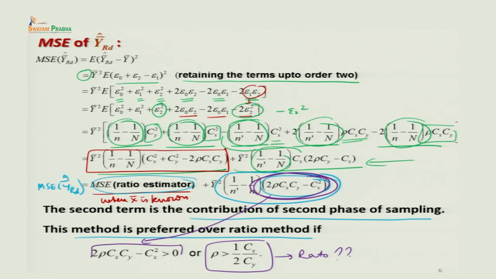Obviously, in the ratio method of estimation the success of the estimator depends on how closely x and y are related. So, that depends on the correlation coefficient between x and y, and this is indicated here, right.